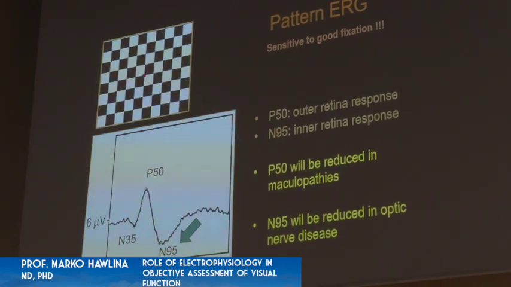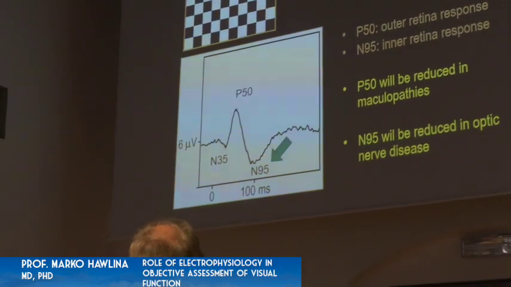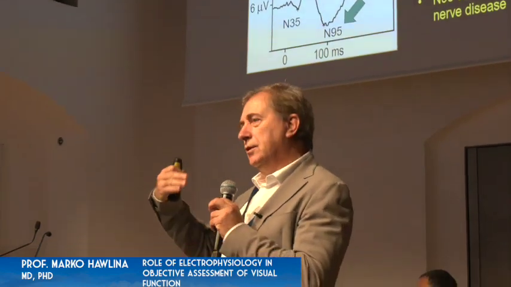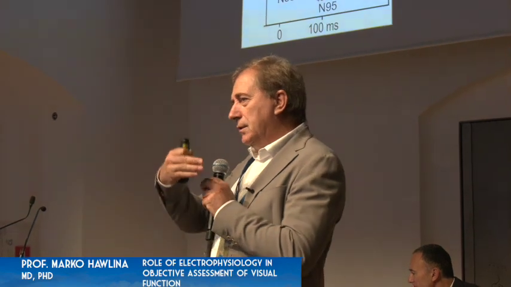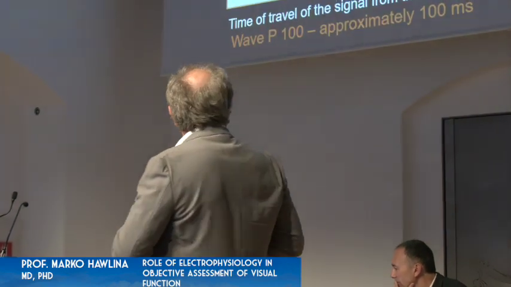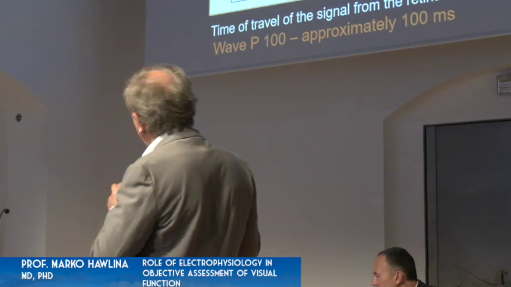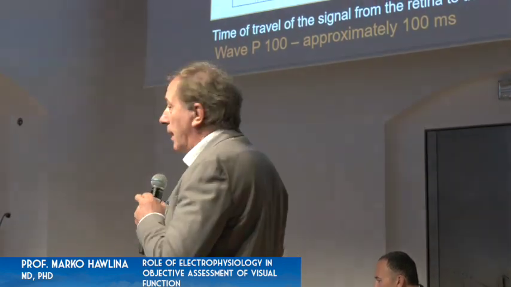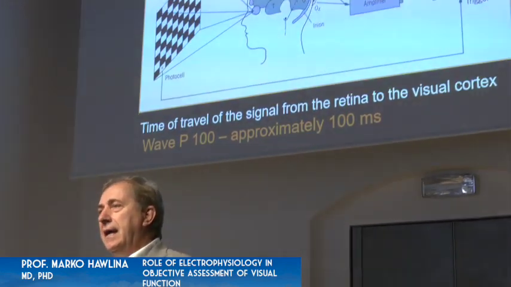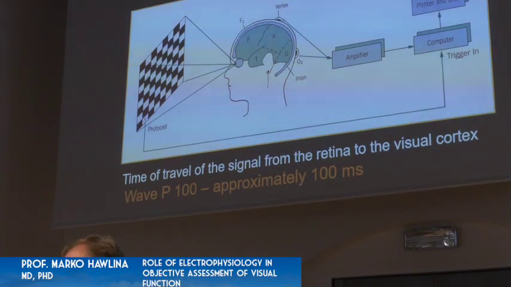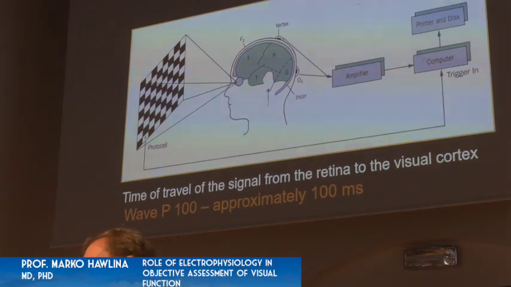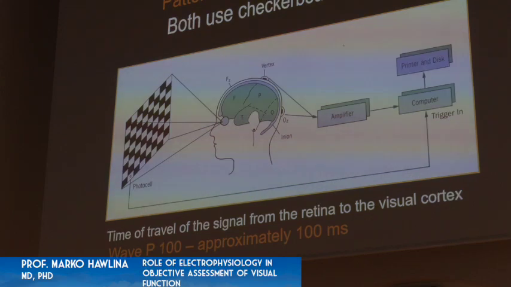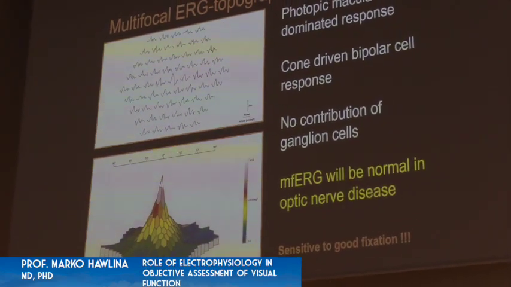And that's quite useful for diagnosing selective ganglion cell disease or optic nerve disease, which retrogradely degenerates the ganglion cell layer. And then VEP, as I said, when the signal travels to the brain, takes about 100 milliseconds. And if this is delayed, then we think about whether this is due to a retinal input problem or optic nerve disease. And that's sometimes a tricky differential diagnosis.